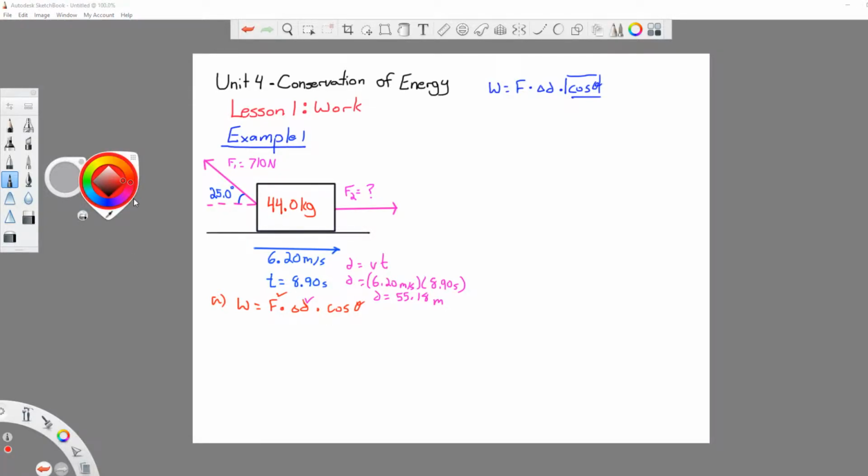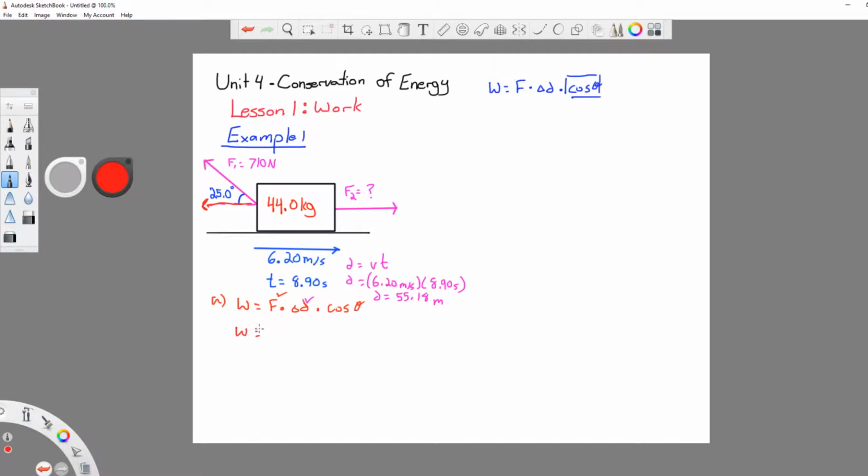All right, so now we have the distance that this travels. The last thing that we're going for here is this cosine theta value. If we're looking for the force that is pushing this thing to the left, we're looking for this one, right? That's what we want. So that is the cosine value of 710. What's saving us a little bit of work here is we can just fill this value in with cosine of 25 degrees. And that's what I'm about to do.